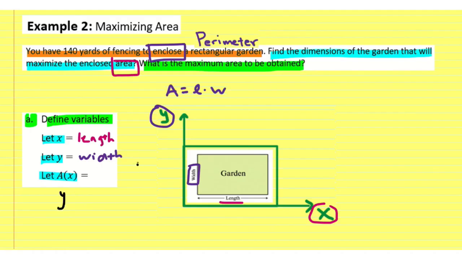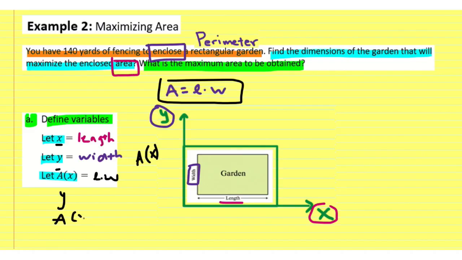So that means this whole y-axis is representing a function, and we can call that the area function. Well, our simple definition of an area would be the length times width. So if we're calling it x and y, then A of x would be equal to x times y, right?